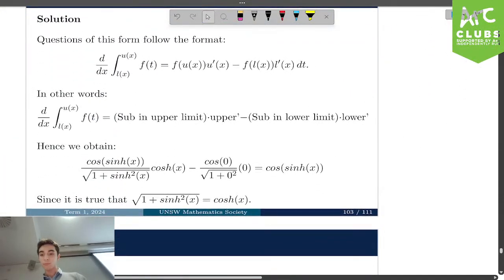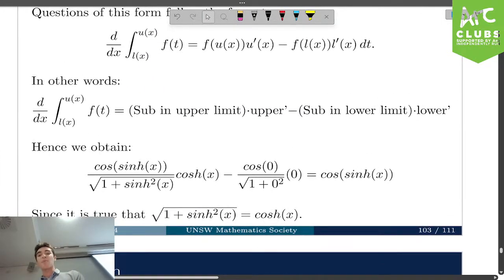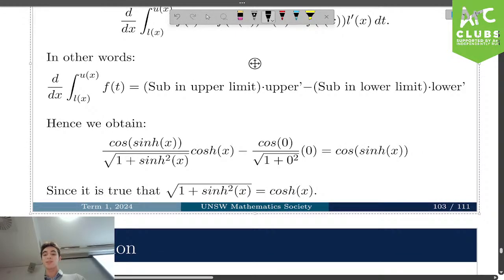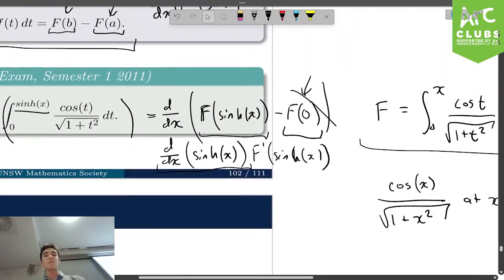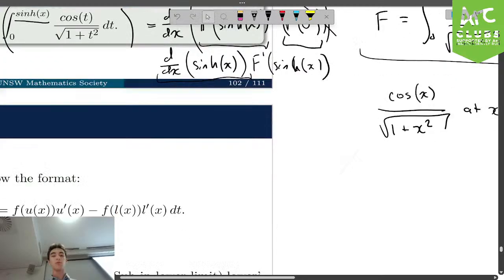So what we obtain is cosine of hyperbolic sine of x, over root 1 plus the square of hyperbolic sine of x, multiplied by hyperbolic cosine of x, minus this term, which just goes to 0, as we've said. This is equivalent to this term, which has got differentiated into 0, okay?